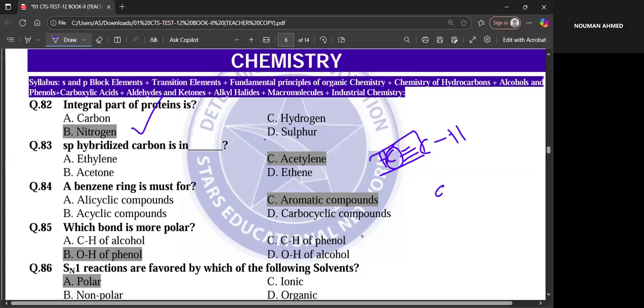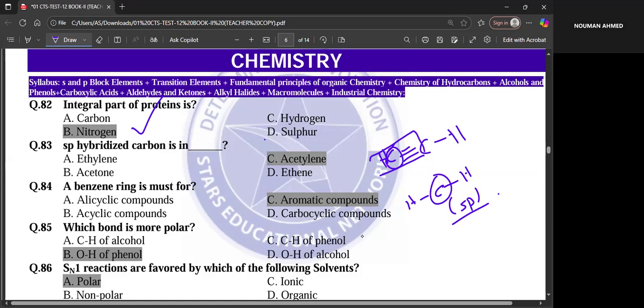So this carbon is attached with two elements. So we can say that if the element is attached with two elements, it means sp hybridization will take place. So your best option is acetylene.